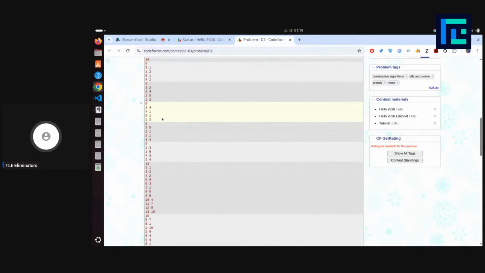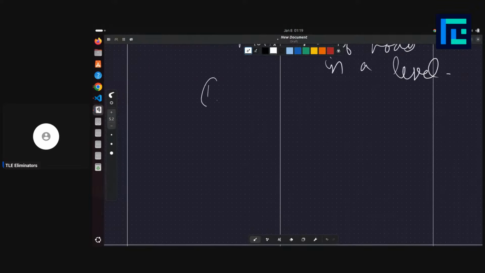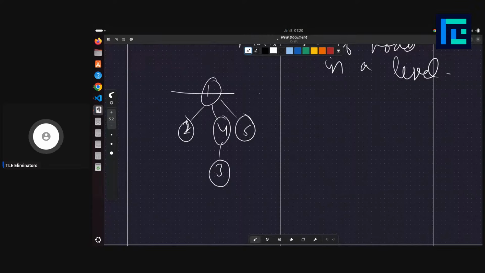Let's look at this sample: 3 4, 4 1, 5 1, 1 2. So the edges are 1 2, 1 4, 1 5 and 4 3. In this case we have, in one level, three nodes, with one node in the levels around it.